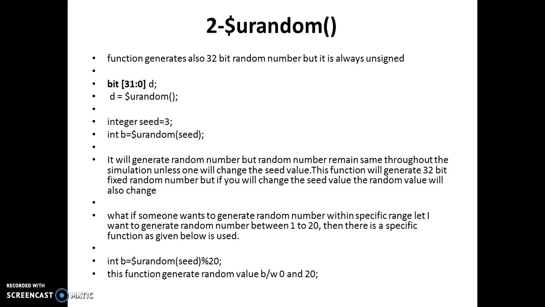It will never generate a negative value. Again, in the example, we have an unsigned variable d, and we are assigning the function $urandom to d. It will always generate a positive value of 32 bits in length.